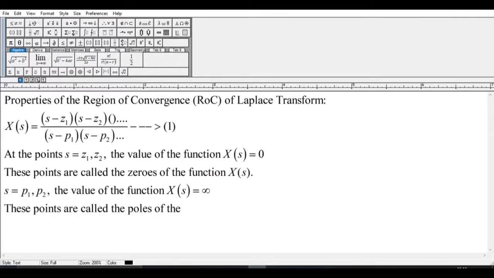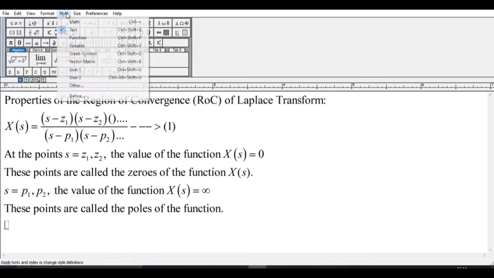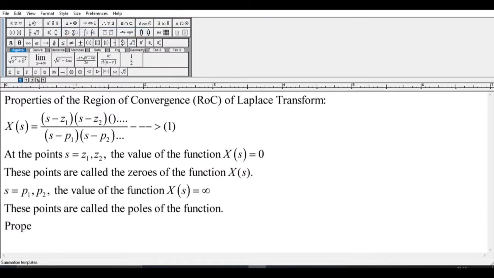Poles and zeros play a very important role in defining the region of convergence. In the following section, we are going to define some important properties of region of convergence, and with the help of a few examples, I am going to show you how those properties can be applied in order to plot the region of convergence of any function.